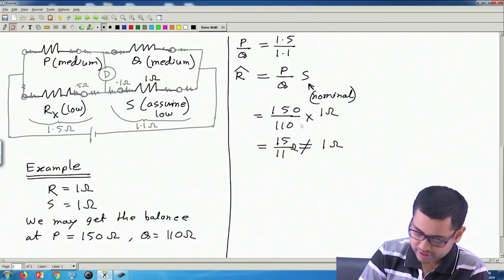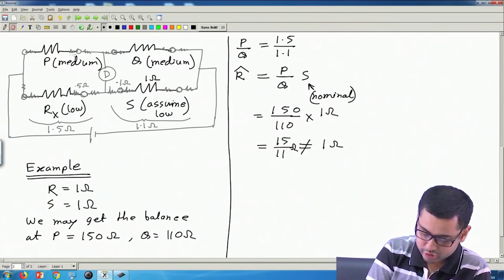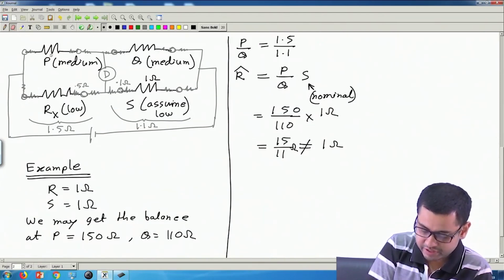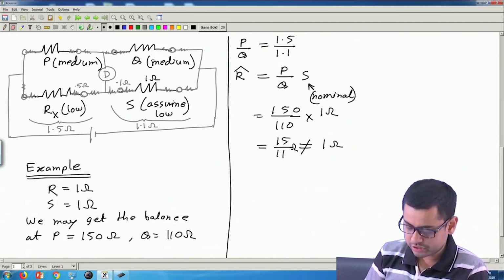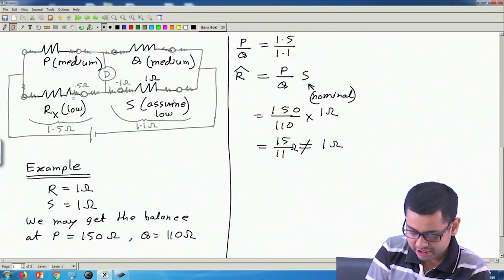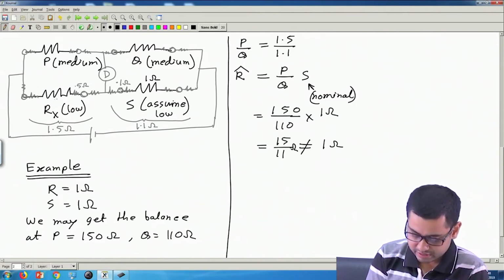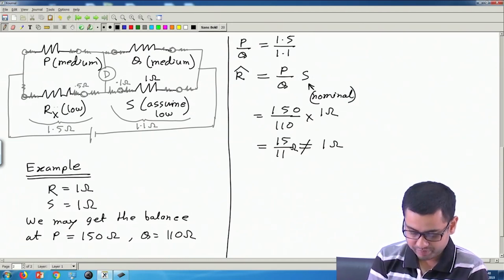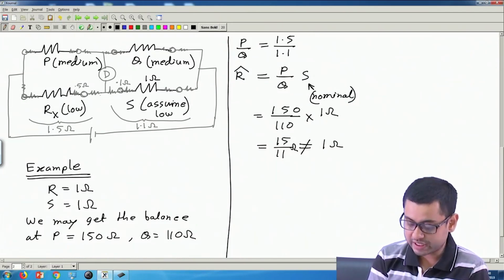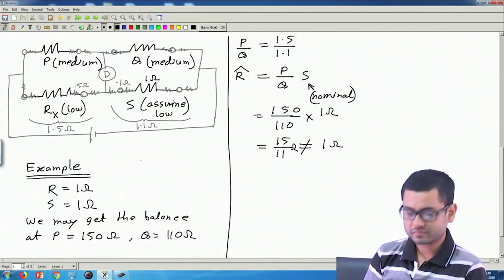So besides these medium value resistances, they are not of much problem, but these contact resistances are definitely creating problem, because the actual value of the resistances itself is small. Rx is small, S is small, so a small change will create a large problem. Okay.